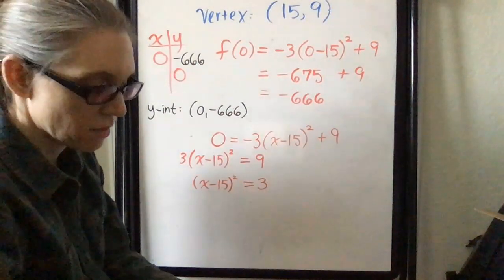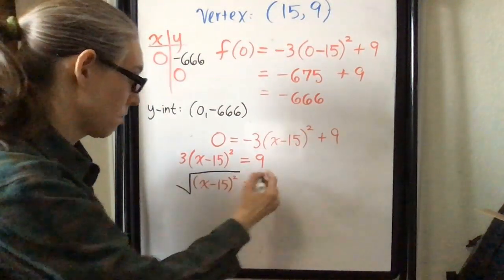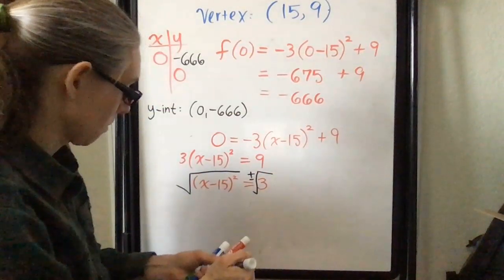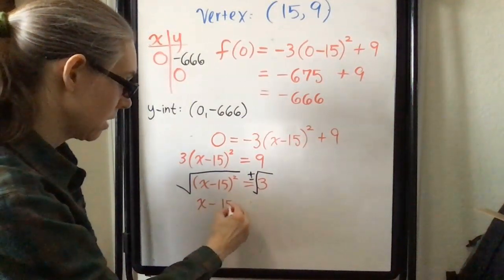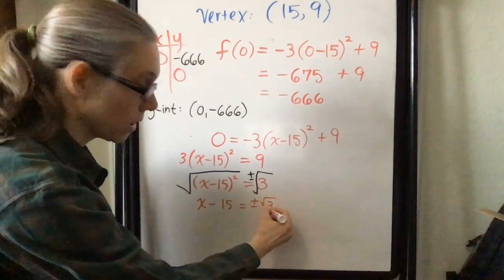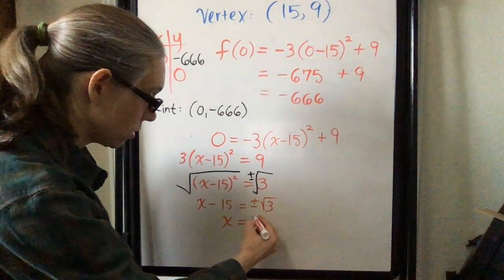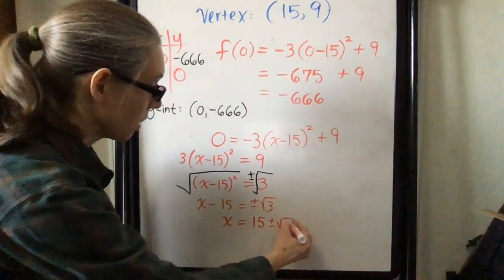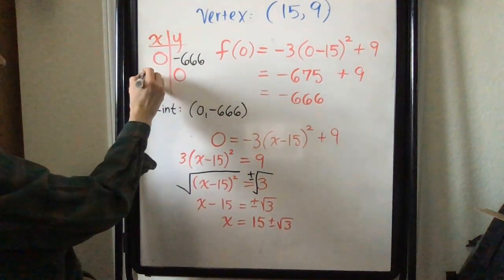And then you need to take the square root of both sides. So now x minus 15 is equal to plus or minus root 3. So x is equal to positive 15 plus or minus root 3.